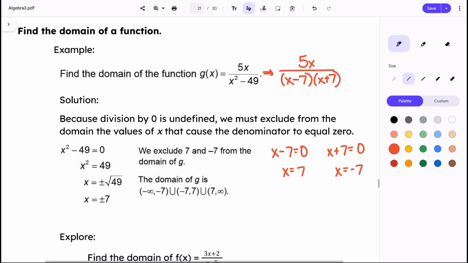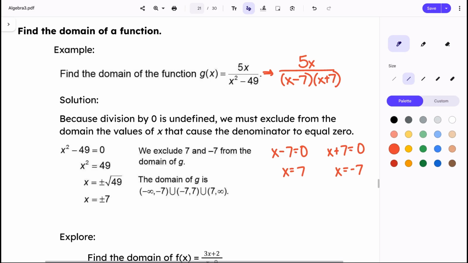What we've talked about in the past is when you're dealing with a graph like this, if I was actually going to try to evaluate at 7 and negative 7, I wouldn't be able to do it. If you type something like that into your calculator, it would give you some kind of error message because it's not going to evaluate something divided by 0, because it can't. And so that's what's going on here. I can't divide by 0, so I have to exclude those values from my domain.